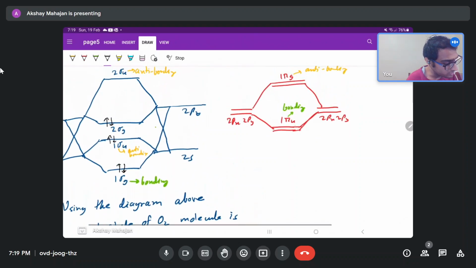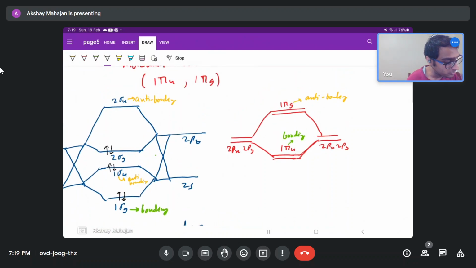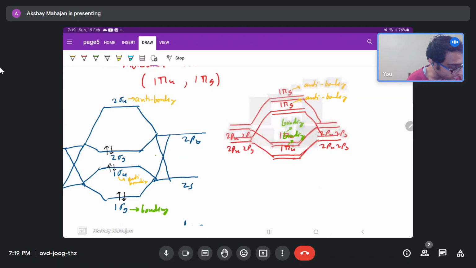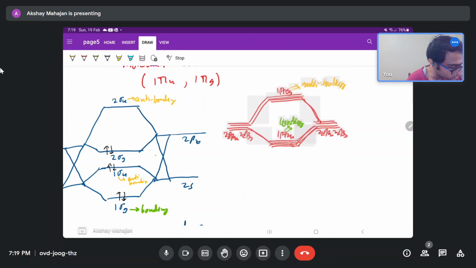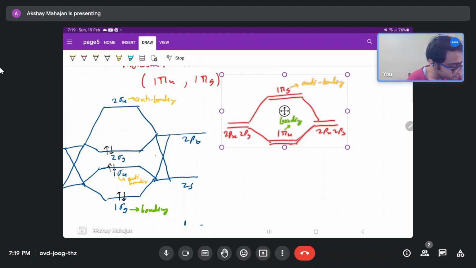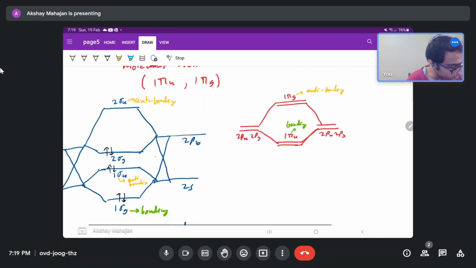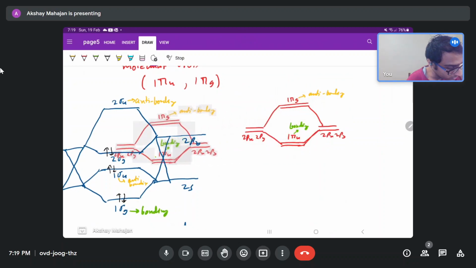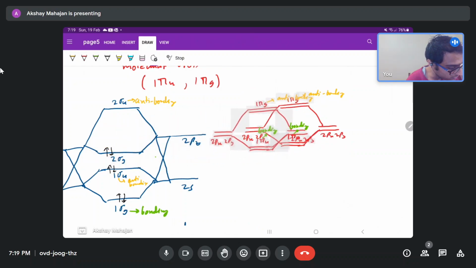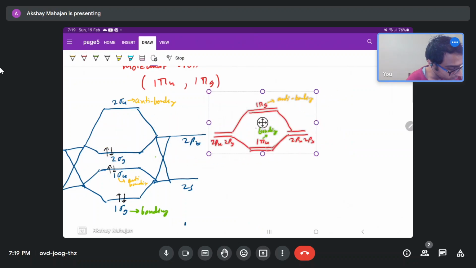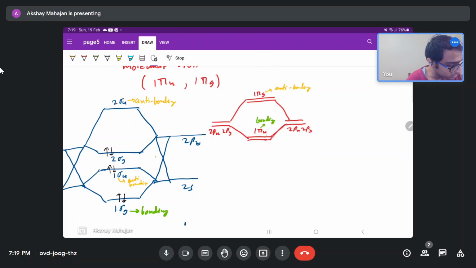Then the energy level comes 1 pi u, actually, so 1 pi u will come here. What will happen is this energy level will be a little higher. You can basically see that this energy level will be somewhere here. This will be higher than the sigma g.